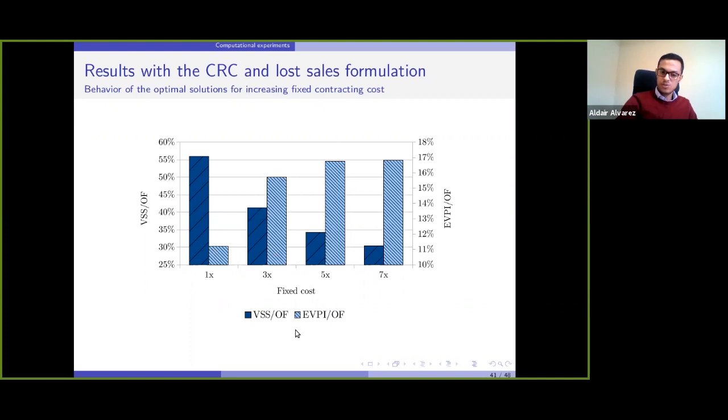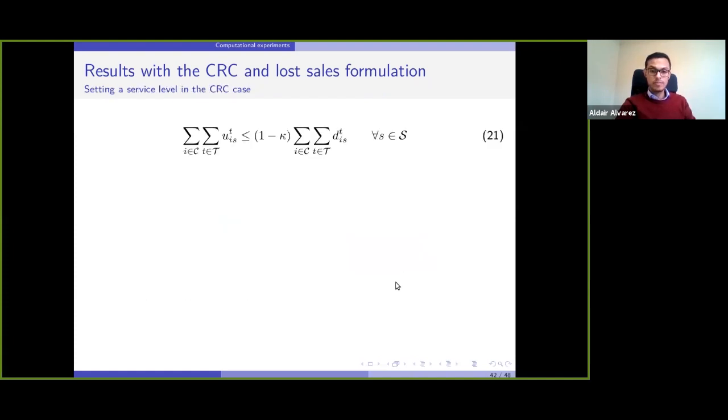And this is also shown here by the expected value of the perfect information, which goes up with the fixed cost. So it says, if you knew the perfect information, you would gain a lot. That means that you need to use the information that you have to make that decision and have the best possible solution in that case.